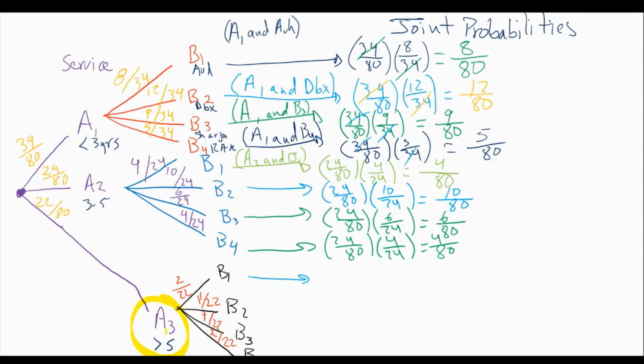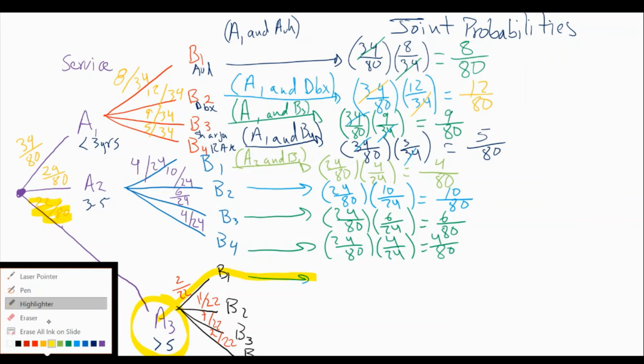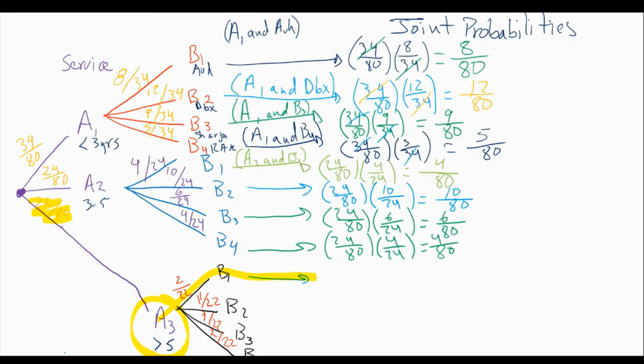So we'll start with, we're going to be multiplying each of these sections by 22 divided by 80, and we're going to do it for each of the branches. First being in Abu Dhabi. Okay, so that is 22 divided by 80 times 2 divided by 22.